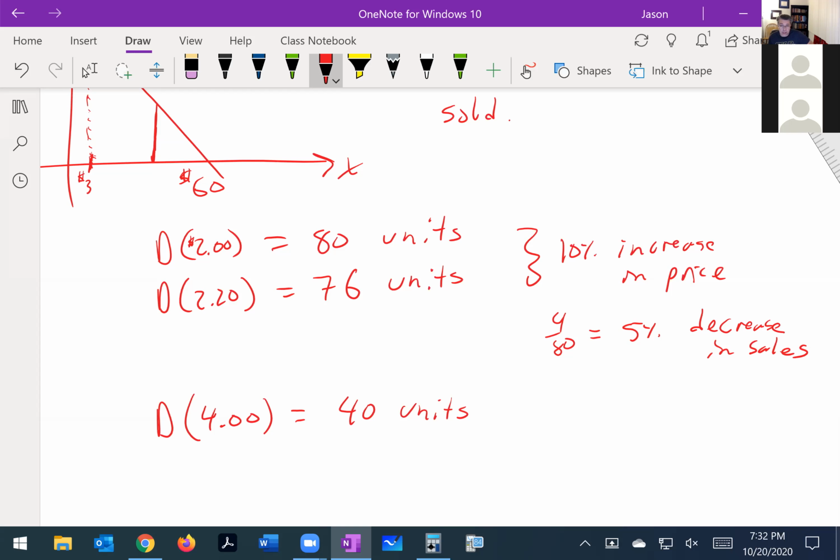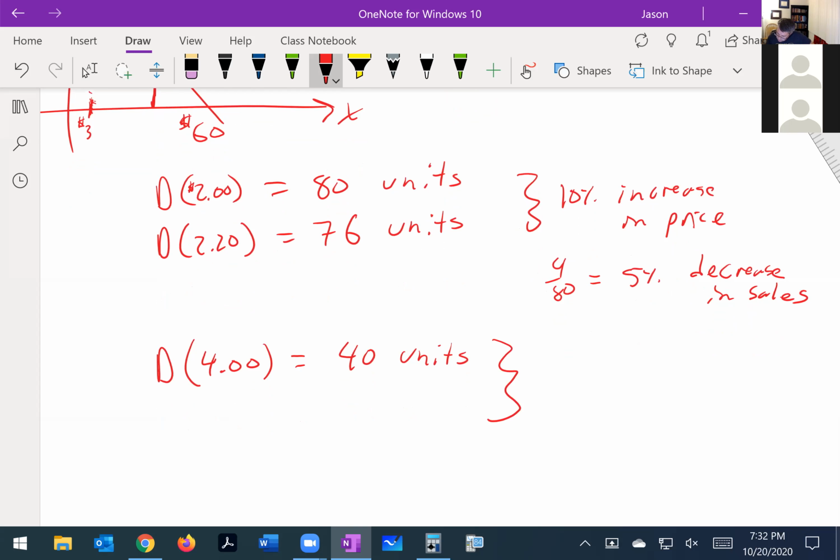I'm only selling 40 units per day, but I increase the price by 10% again, and now it goes down to only 32 units per day. So that was 8 over 40, or a 20% decrease in sales.